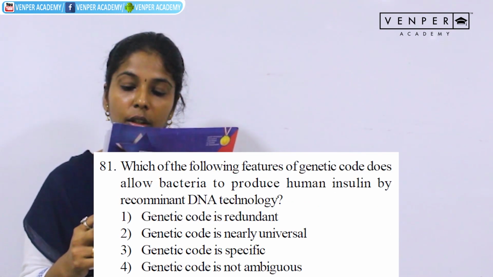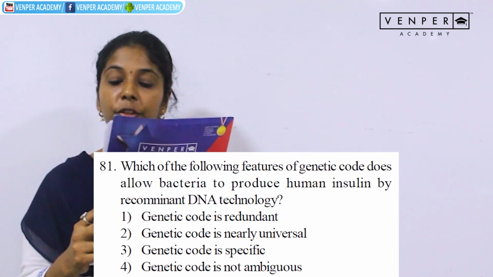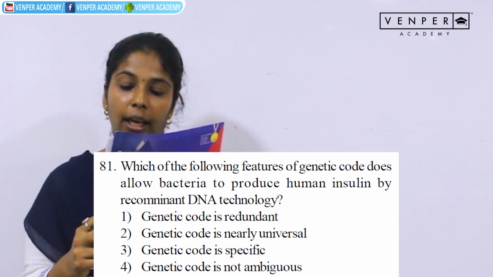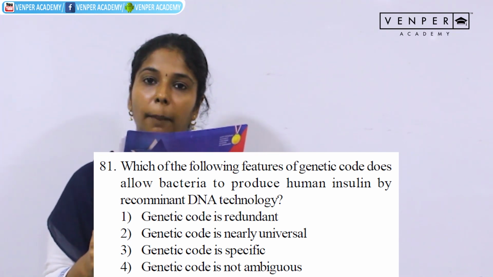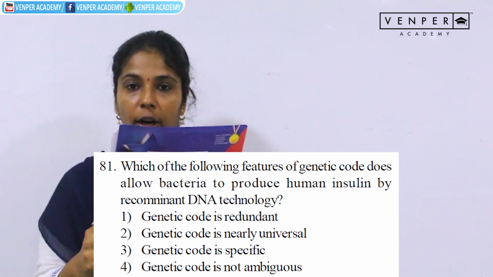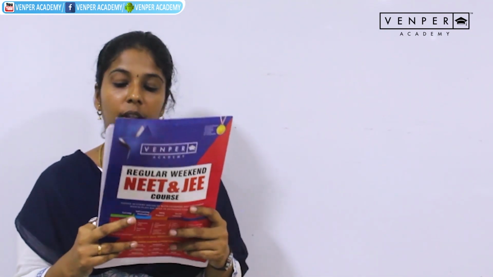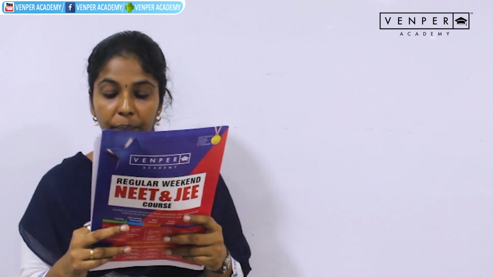Question number 81. Which of the following features of genetic code allows bacteria to produce human insulin by recombinant DNA technology? The options are: genetic code is redundant, genetic code is nearly universal, genetic code is specific, genetic code is not ambiguous.